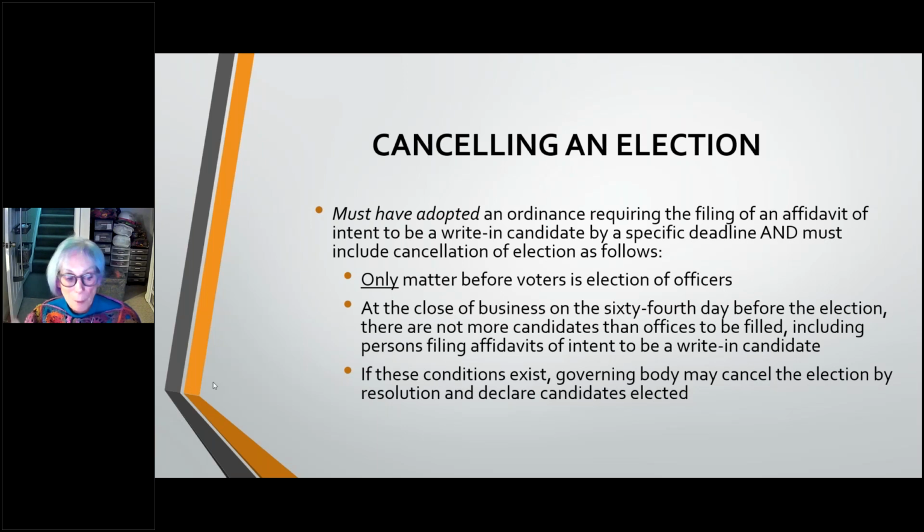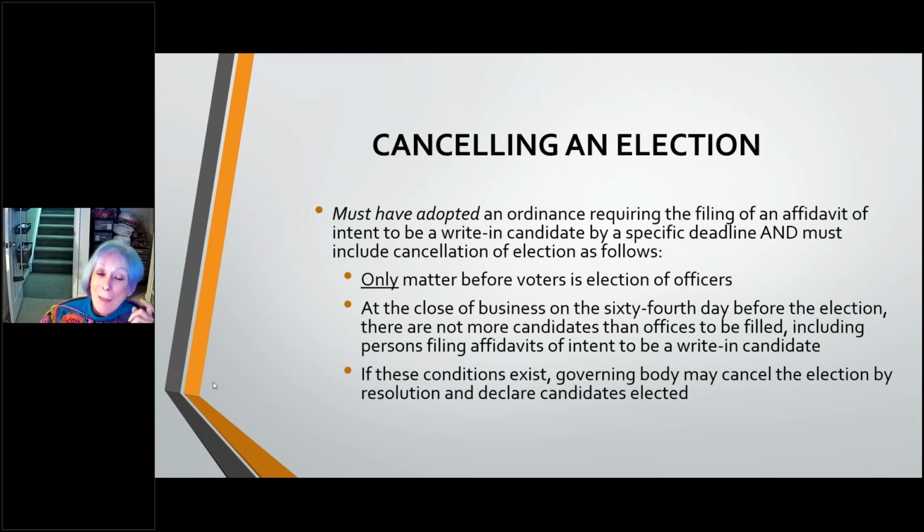So you have to have both, because if you don't have a deadline for somebody to file an affidavit of intent to be a write-in candidate, they can be a write-in candidate on election day. And if they can file at any time, you cannot cancel an election, because you're denying the opportunity to run for office to somebody who decides at the very last minute.